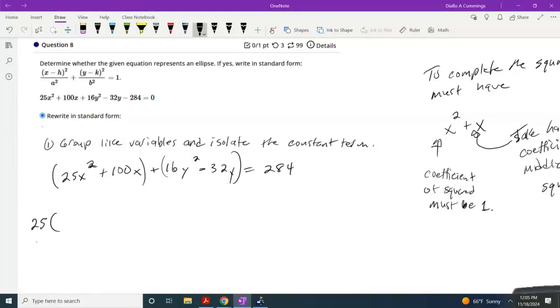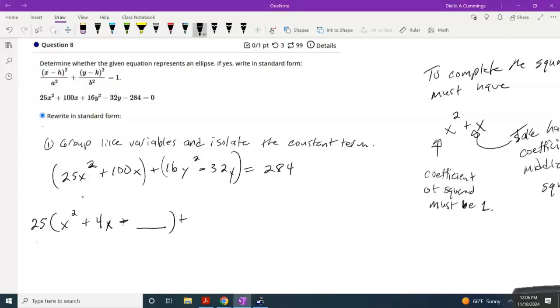If I factor out 25, I'm left with x squared plus 4x, because 25 times x squared is 25x squared and 25 times 4x is 100x. Plus, and I'm going to put a blank, and I'll explain that in a second. I'm going to bring this plus down right here.